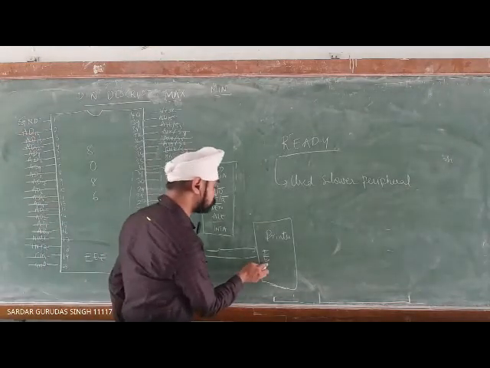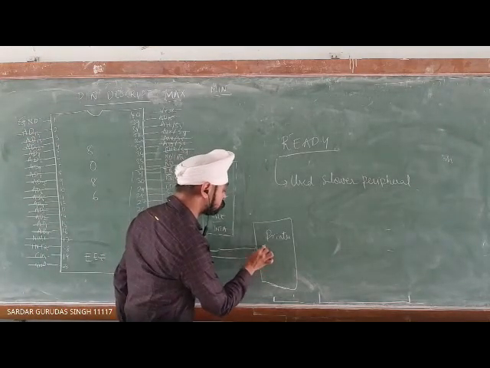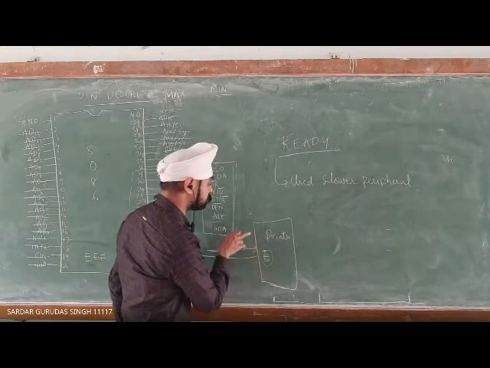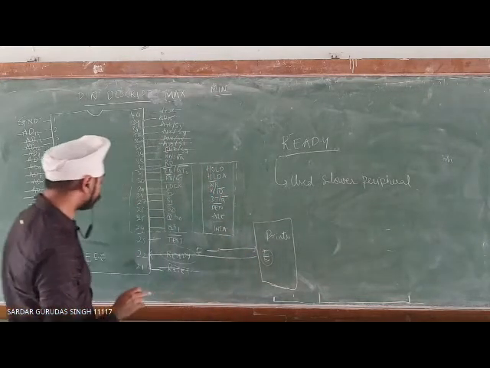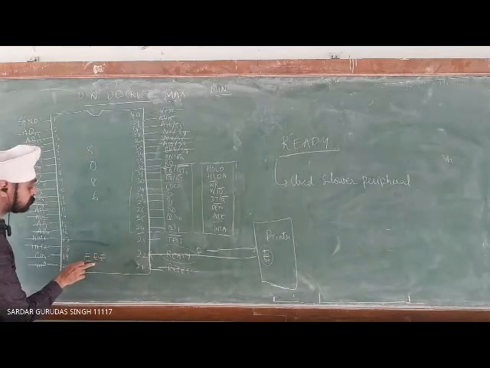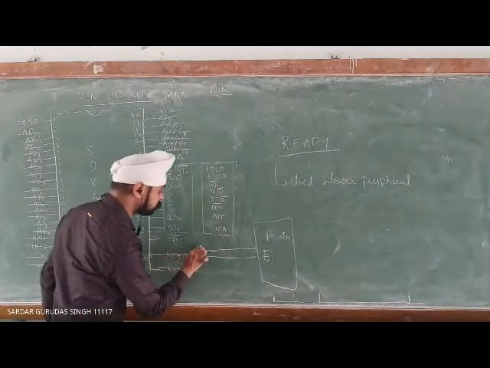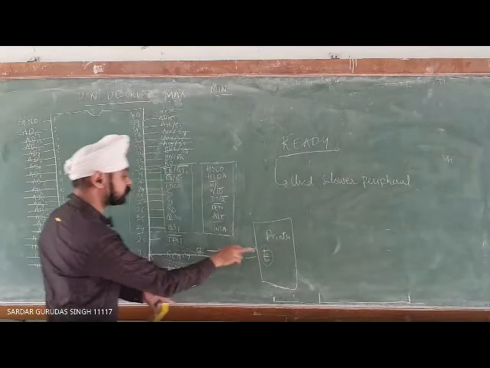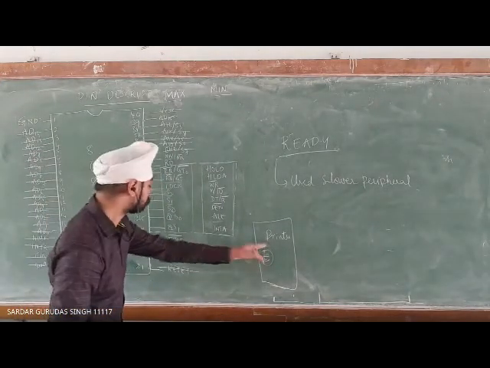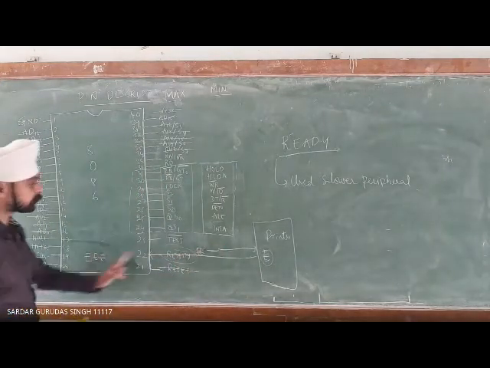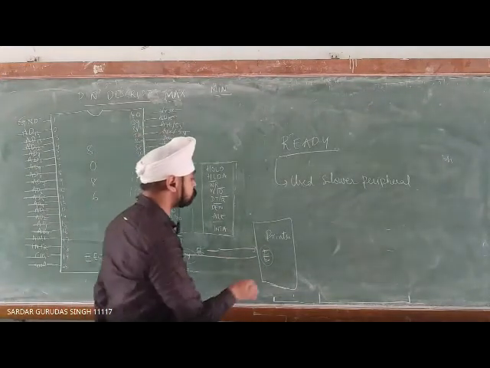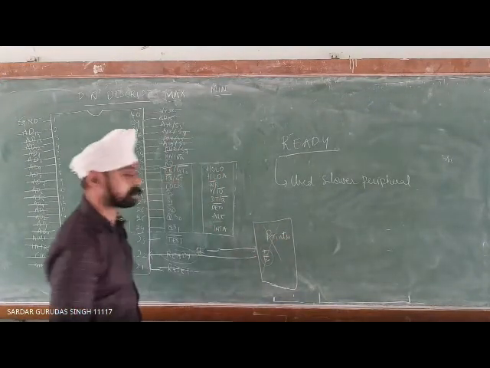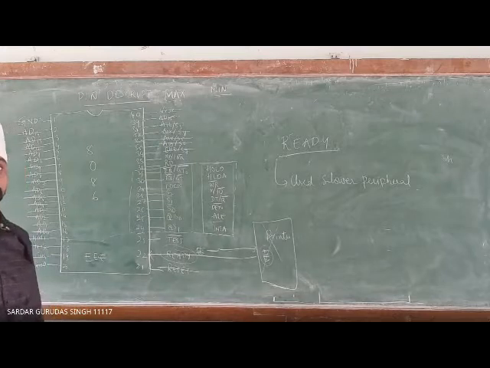It will take some time. Before the first E has been received by the printer, if the processor sends another E, what will happen? Ultimately, the printer cannot take the proper printout.